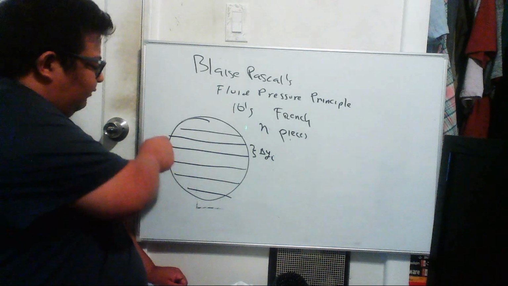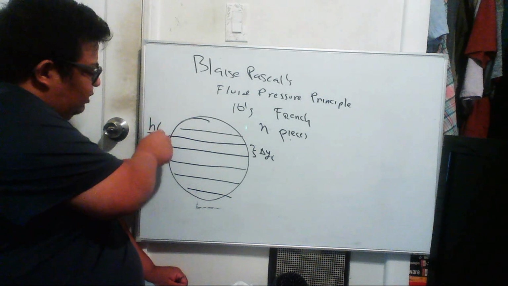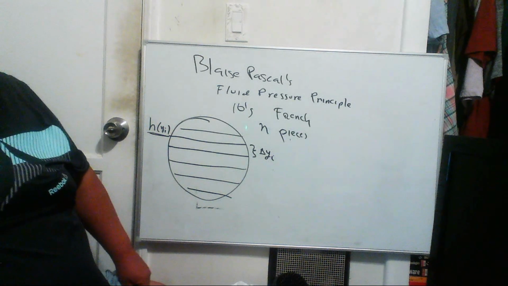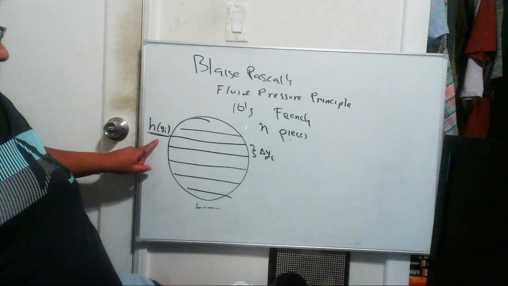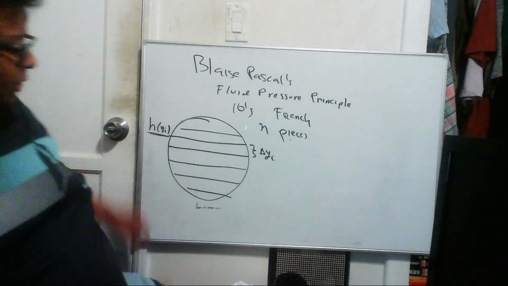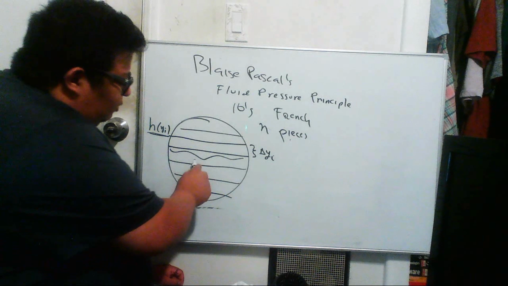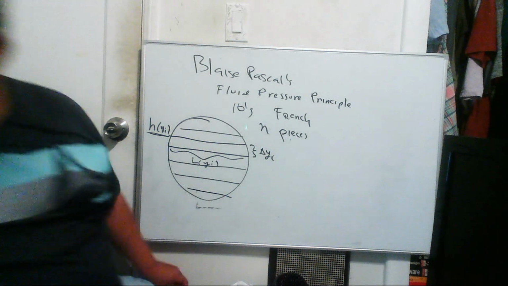And then the depth at this point we're gonna call h of yi. And then the length of the horizontal region, we're going to call it L of yi.